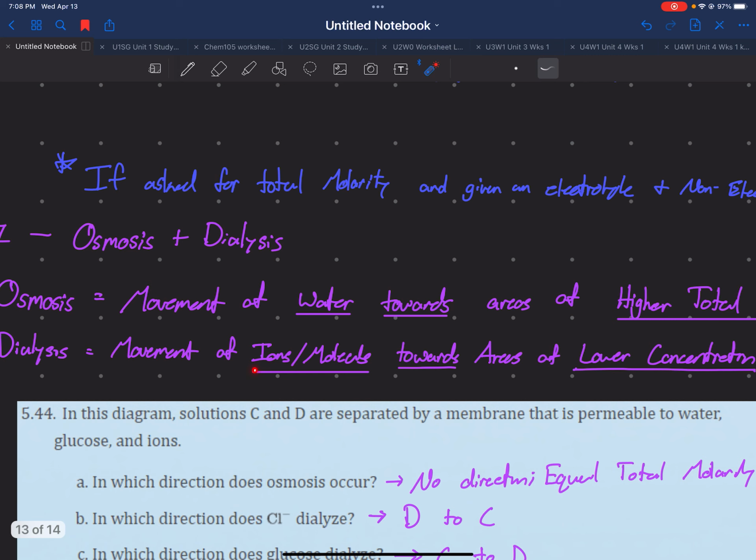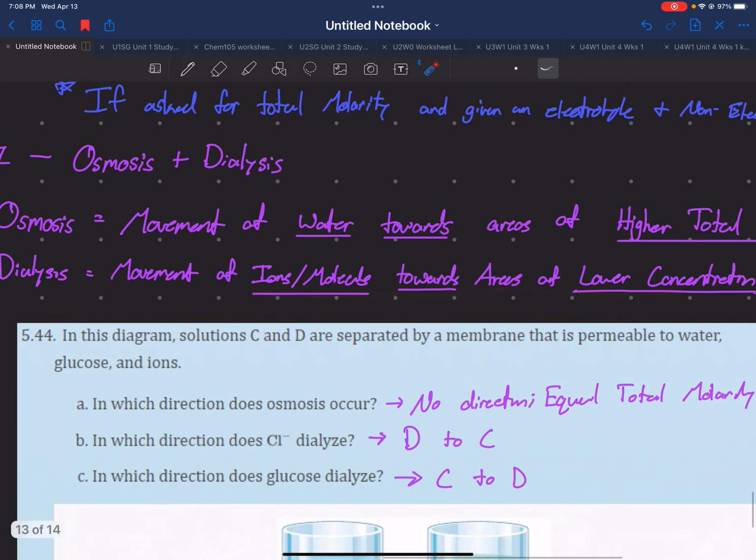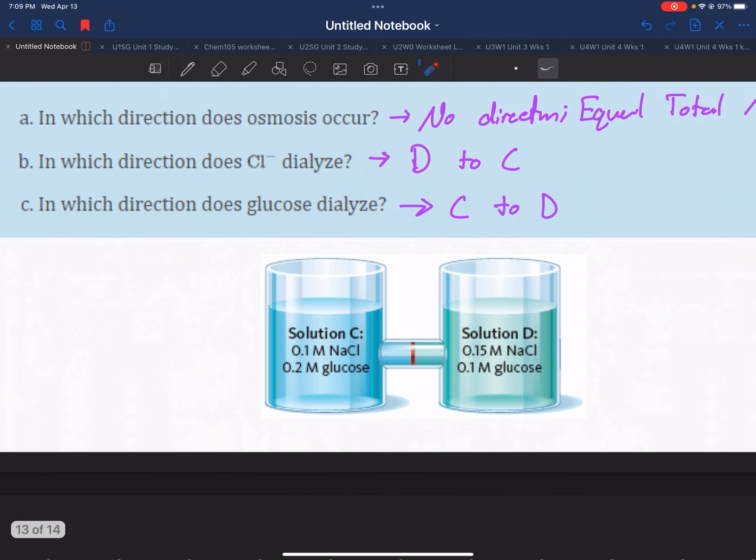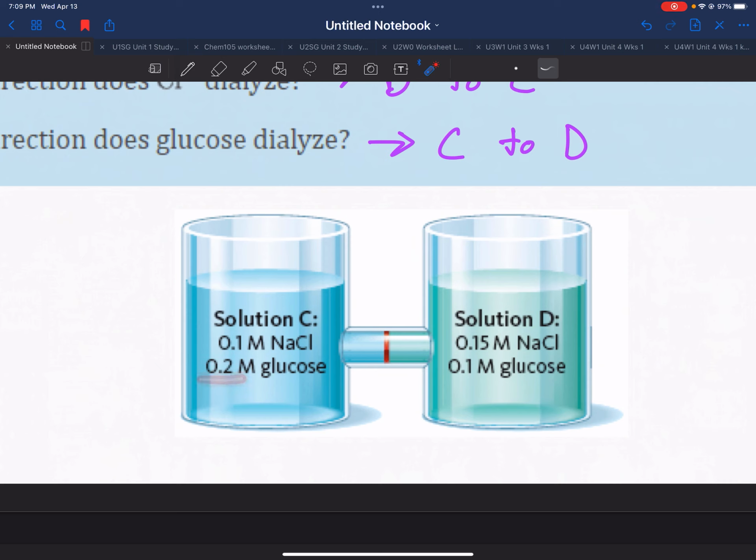So since solution C has the lower concentration, it would go from solution D to solution C. Which direction does glucose dialyze? So glucose, this one has 0.2, this one has 0.1. Once again, for dialysis you go towards the area of lower concentration. So this would go from C to D.